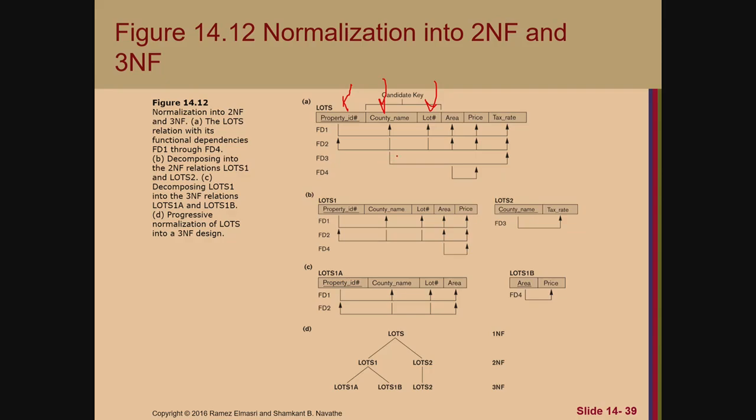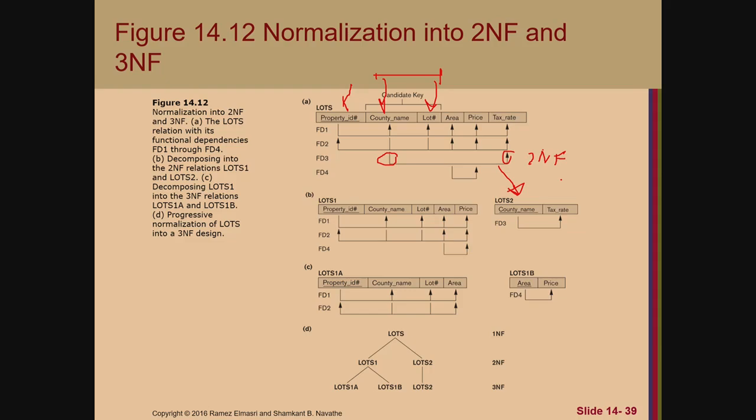And country name determining tax rate is just partial, because the candidate key here includes two attributes, but just one of them determines tax rate. So this one violates second normal form. So that's why we have to separate them into a new relation.